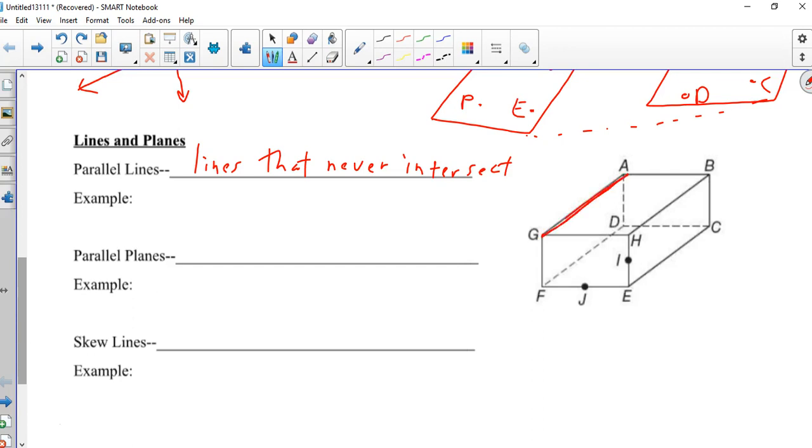Let's say AG. Okay? Now, GH is not good because it's touching. AB is not good because it's touching. Okay? So we want something that's not touching it. Say DC.